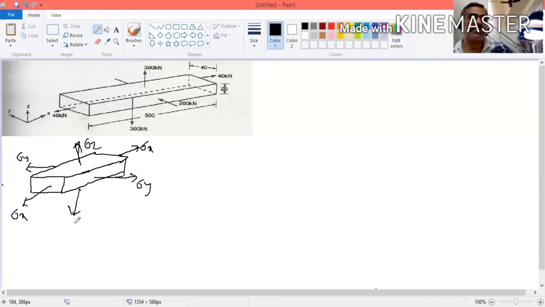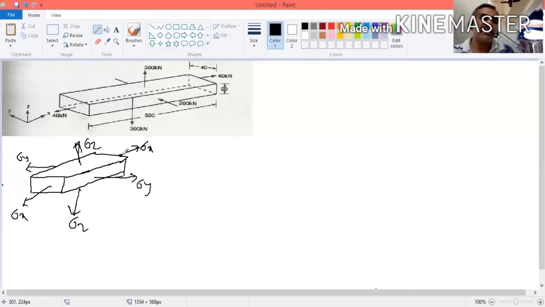This is sigma z. Here I have taken all the forces as tensile. First, we will see the theory. We will see the small derivation, assuming that all the stresses are tensile. Now, I am interested in calculating strain along x direction.